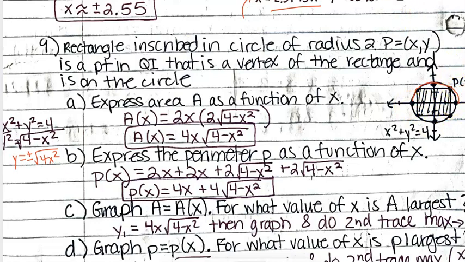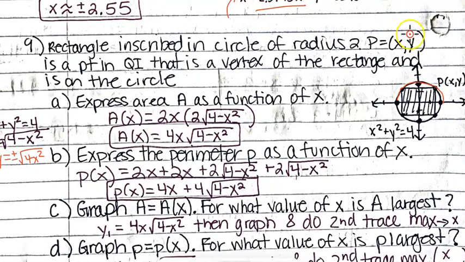So if my point P is in quadrant 1, then I know that this y is the positive version of the square root of 4 minus x squared. So this really is using the same function as the one we did together in class.